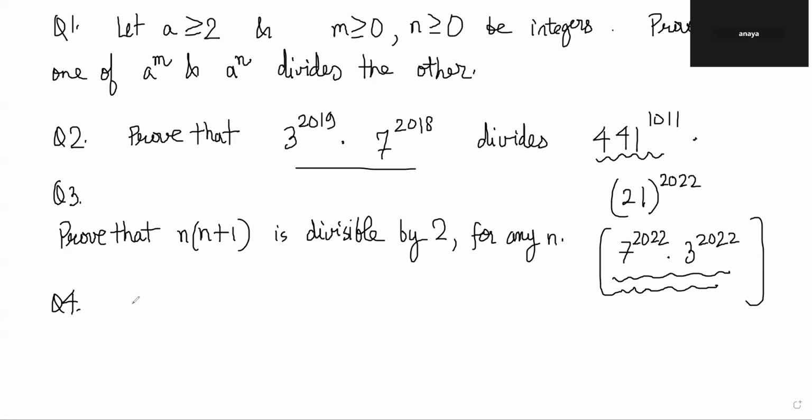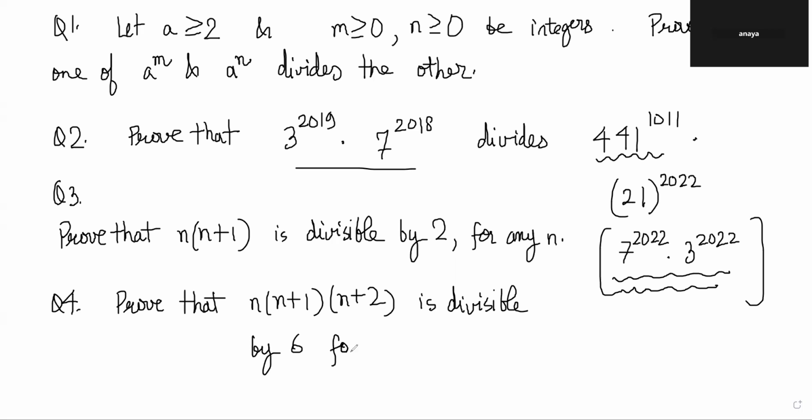And the fourth one is prove that n into n plus 1 into n plus 2 is divisible by 6 for any n. These are quite easy. You should easily be able to say this.